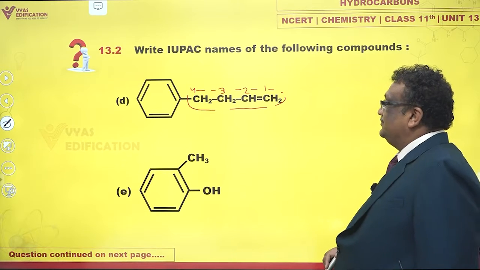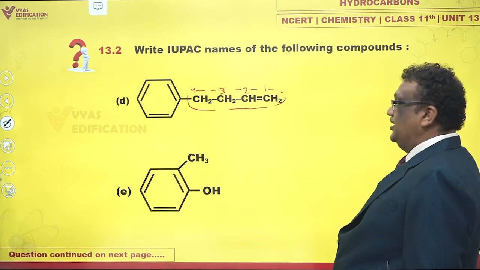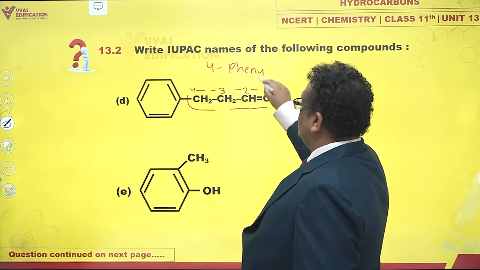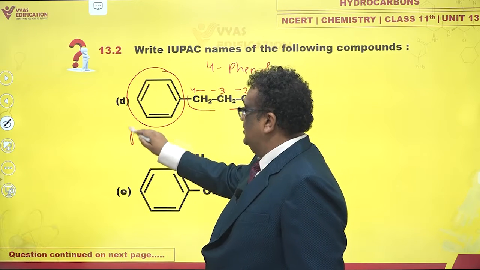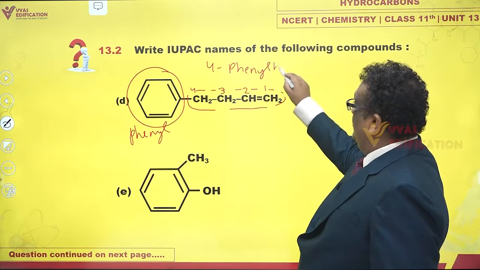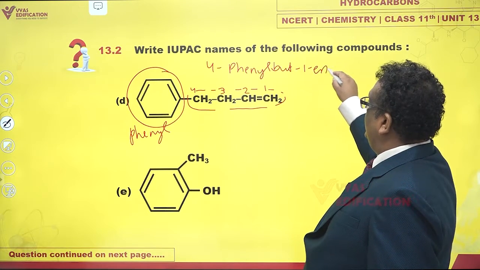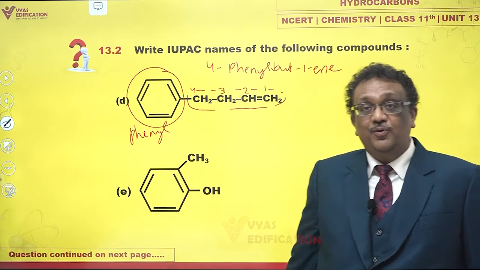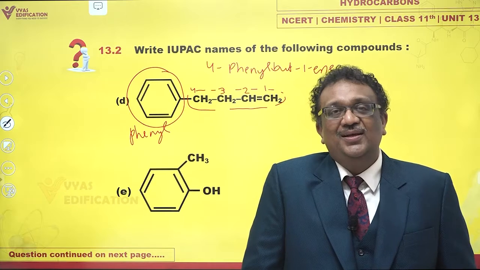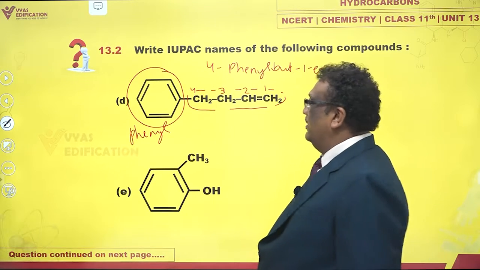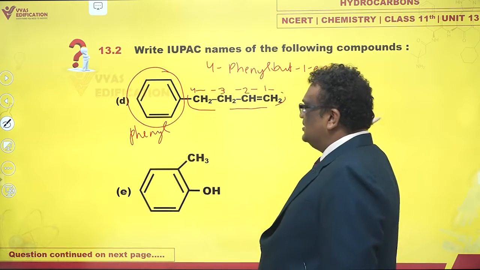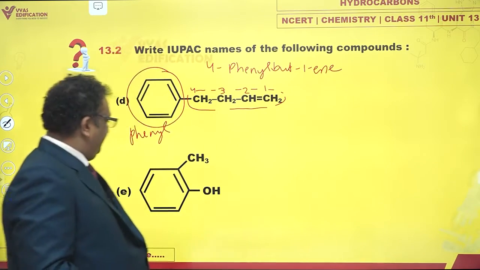I would say this is butene, yes. 4-phenyl, because this group is called phenyl. 4-phenylbut-1-ene. The phenyl group can very conveniently be chosen as a substituent. So don't be impressed by the fact that this is a ring and there are 3 pi bonds. It's okay, it's there, very nice, but this is a very good name as well.